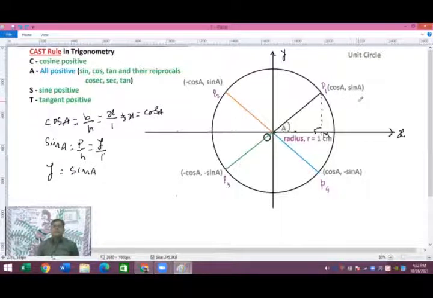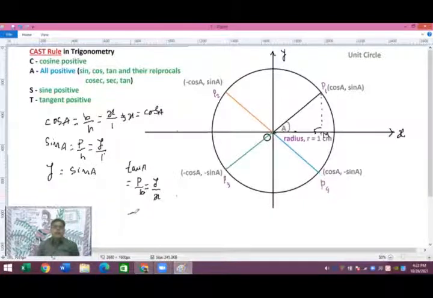Then what about tan? If you would like to find tan A, you can do it in 2 ways. It is the ratio P by B, perpendicular by base. Here the perpendicular is P1M, which is in fact the y coordinate, and the base is OM, which is in fact the x coordinate.